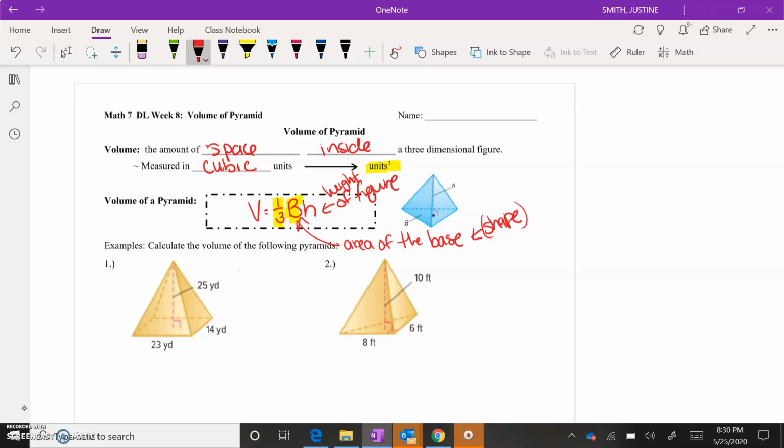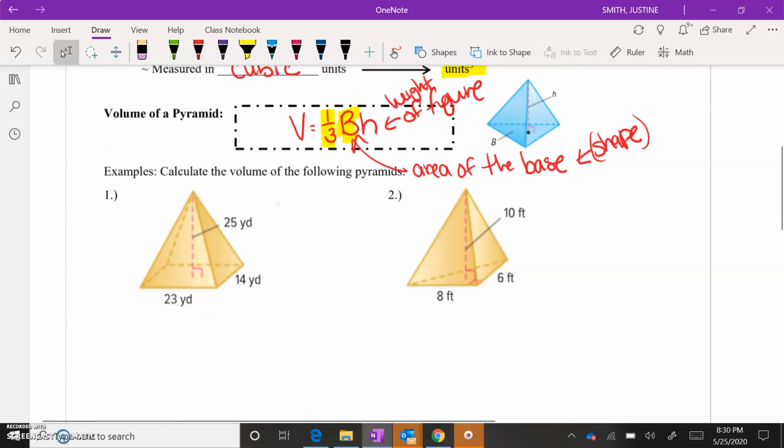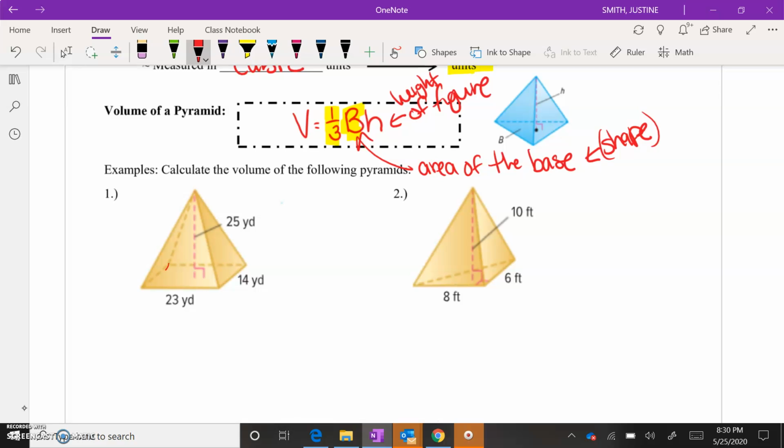So for example, in this first problem, your base is going to be this rectangle here on the bottom. So for our formula, we're going to do area of the big base, which is the rectangle, times the height of the figure times 1/3.